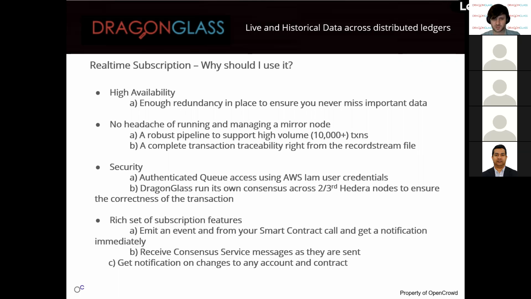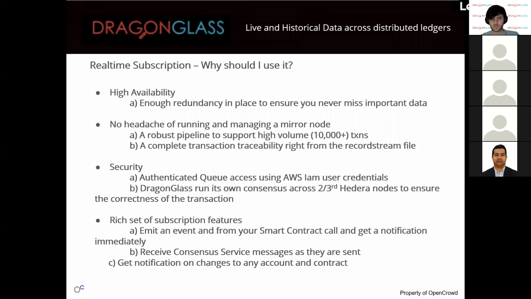All right. So from a security perspective, DragonGlass queues can use your own AWS IAM user credentials, so that only you are accessing the queue for any events that are happening on the Hedera network. So we have that functionality in place. Apart from that, the pipeline itself runs its own consensus across 2/3 of Hedera nodes to ensure correctness of transactions.